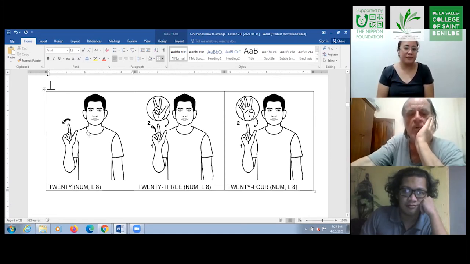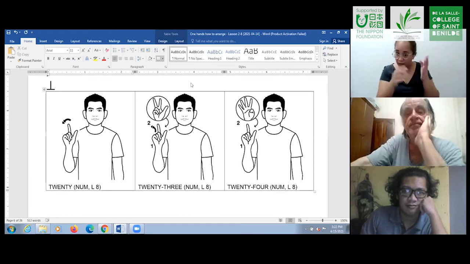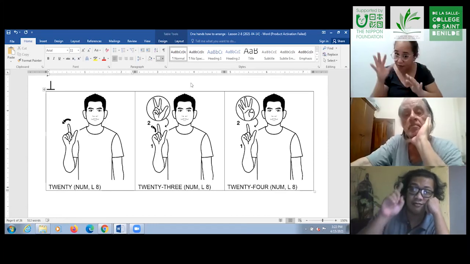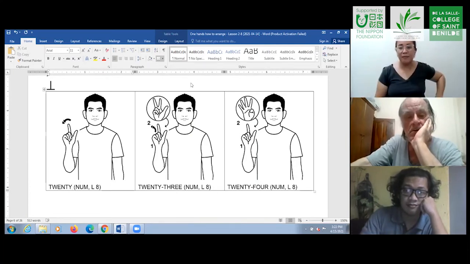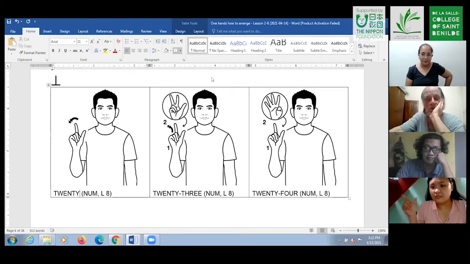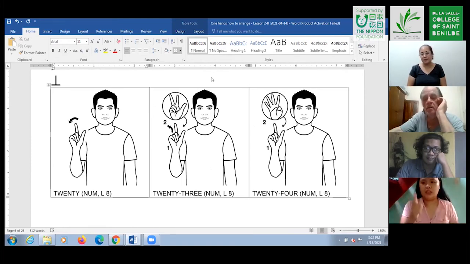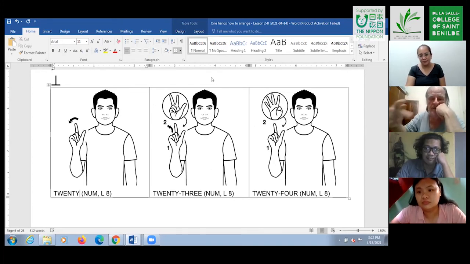Okay, so is that where the problem is, Jasmine? Yes. So it should be the 20 handshape. Sorry, we'll fix that. It's not supposed to be 20. So that's just going to be fixing the orientation symbol, right? Or do we have to fix the order also?